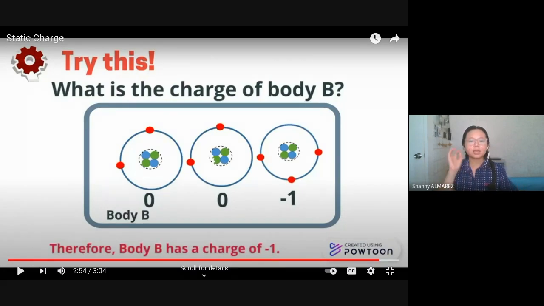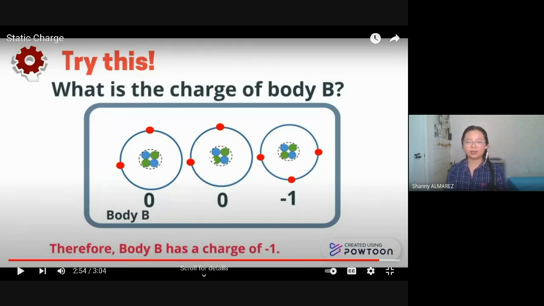So from this specific video, ang hindi lang dito na-mention ay kapag naging positively charged ang isang atom, we call it the cation, C-A-T plus ion. Kapag naging negatively charged naman yung atom, we call it the anion, A-N-I-O-N.